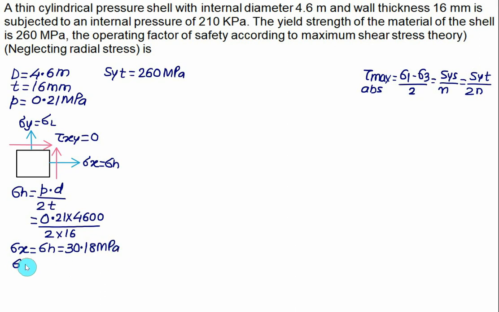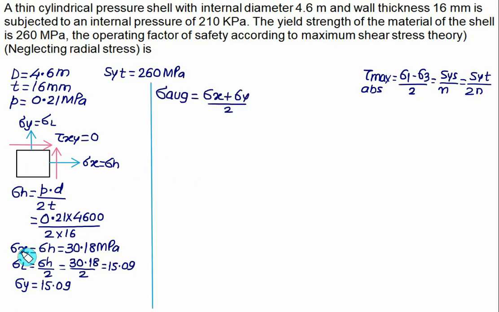Longitudinal stress sigma L is half of the hoop stress, that is 30.18 divided by 2, which is equal to 15.09. Therefore sigma y will be equal to 15.09. So we know sigma x, we know sigma y, tau xy is equal to 0, so we can calculate two principal stresses in the state of plane stress.